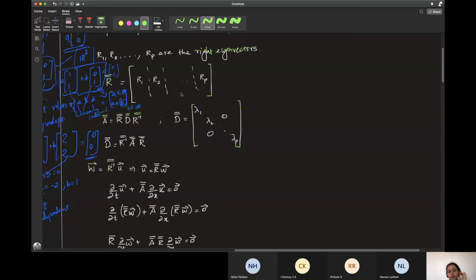The rows of R inverse are actually left eigenvectors of A. But let's not go into that.